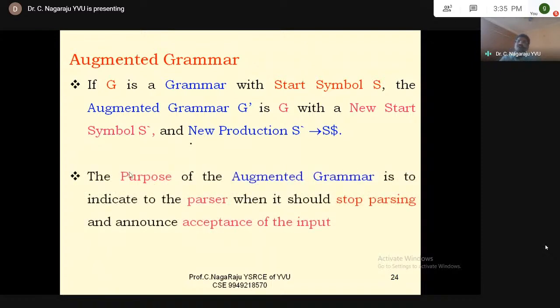The purpose of the augmented grammar is to indicate to the parser when it should stop parsing and announce acceptance of the input. The main aim of the augmented grammar is to verify when you have to stop parsing the productions. That is very, very important.